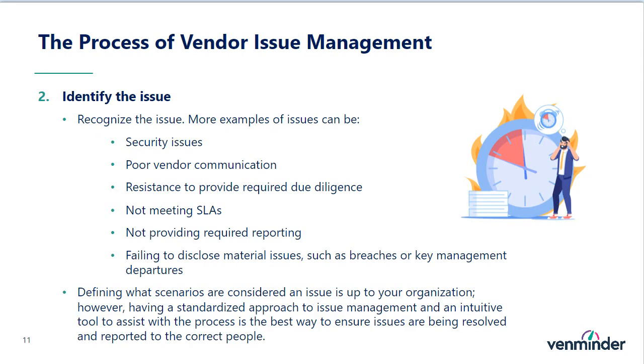So with a process in place, identifying the issue is the initial step before there's any documentation: observing, recognizing an issue. Your vendor owners and your subject matter experts that are performing due diligence in particular should be able to consistently recognize the issue. You should define these scenarios.